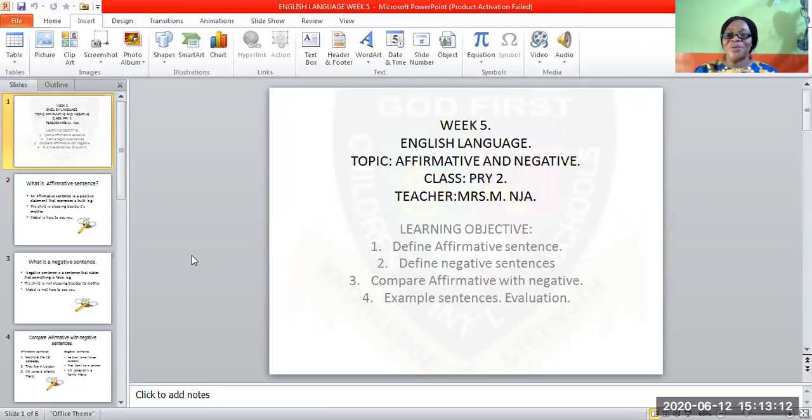Then we make examples of these sentences. We give examples as it may apply.